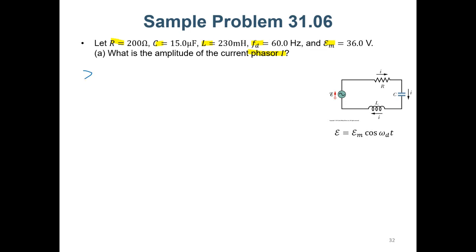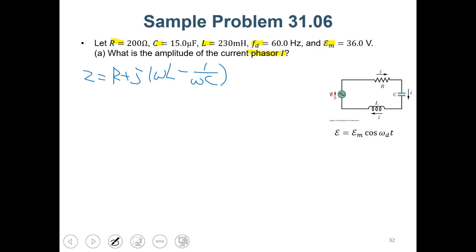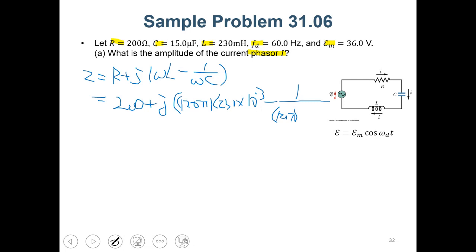So here we have Z equals R plus j omega L minus 1 over omega C. R is 200, omega is 120 pi, and L is 230 times 10 to the minus 3, minus 1 over 120 pi times C, where C is 15 times 10 to the minus 6 farad.